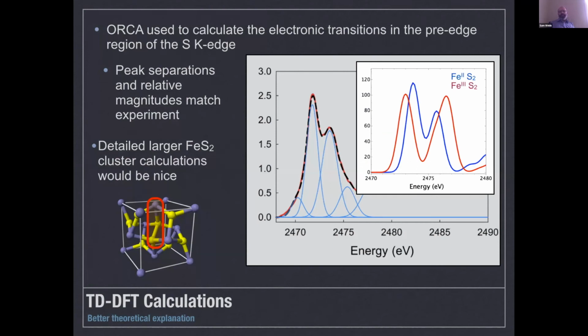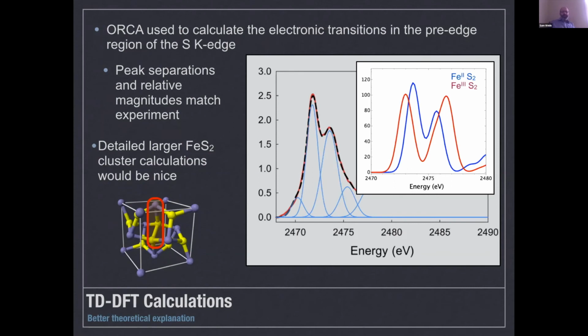So this gives some possible credence to that interpretation, but it would be really nice to do more detailed and larger clusters to look at the dynamics of these particular transitions. This is one case where I think these types of calculations really help explain the spectroscopy that we're seeing, and can give a nice interpretation of what's happening in this particular system.